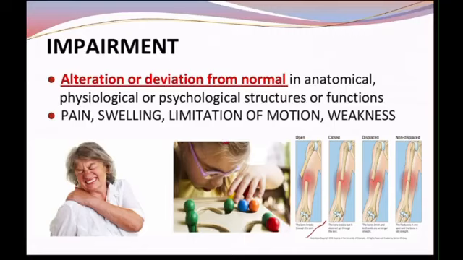The arm may be swollen and the movements we do will be limited because of it. So these are the impairments that alter the normal function of the arm and are a consequence of having a fracture. So impairments as a sequelae: if you experience pain as an impairment, this may cause other impairments such as limitation of movement or motion around the extremity because patients are afraid to move the arm because it will worsen the pain.